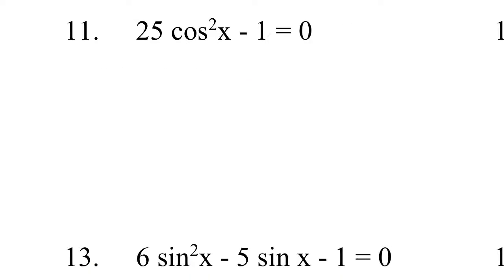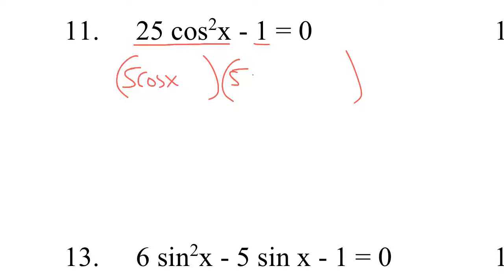All right, number 11 can actually be worked in 2 ways, and I might show you both ways here. The first thing I recognize is that this is a square term, and this is a square term. So now what we have is the difference of 2 squares. And the difference of 2 squares factors into 5 cosine, 5 cosine, and the factors of 1 are 1 and 1.